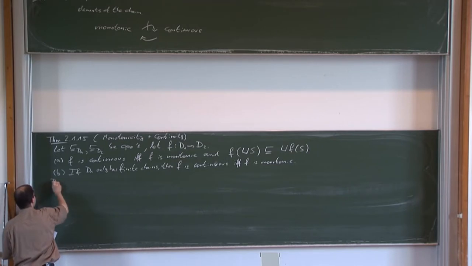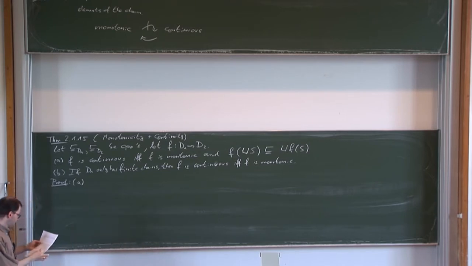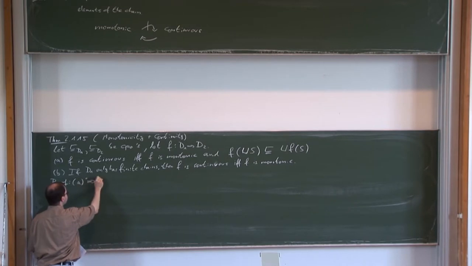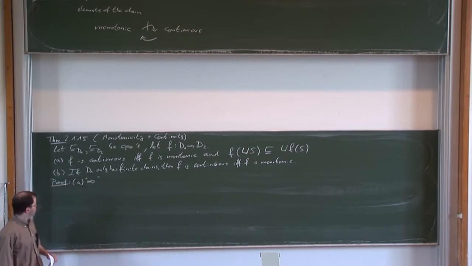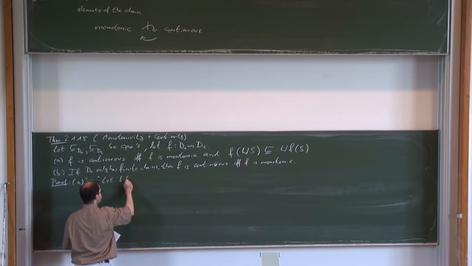Okay, we will prove this theorem and start with part 1. Let's first prove the direction from left to right. So let's assume that f is continuous. So let f be continuous.